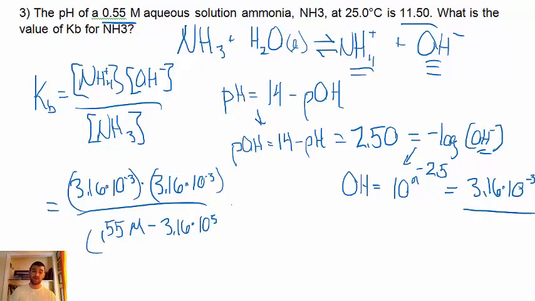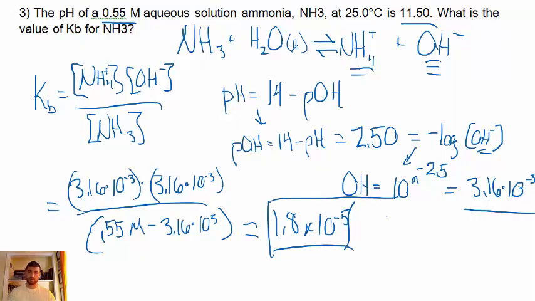I used some of it up. How much did I use up? Just look at how much NH4 plus or OH minus you made. Subtract that. That's how much you've got left. So now it's just math. You plug it into your handy dandy calculator, and you get 1.8 times 10 to the minus 5 as your final answer for the Kb of ammonia.